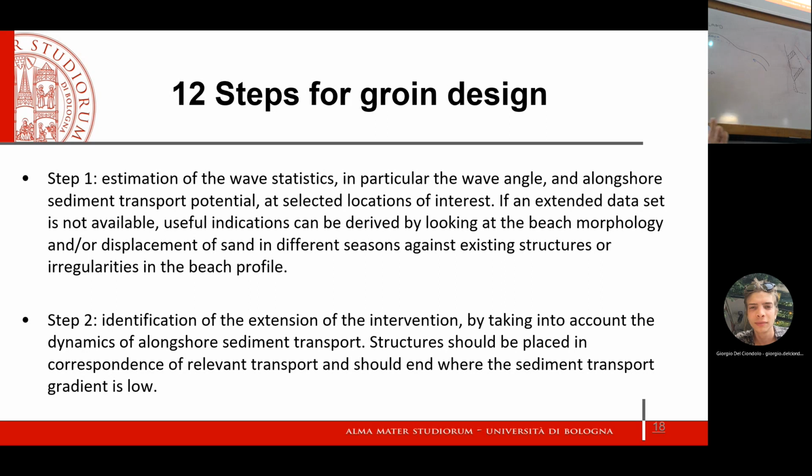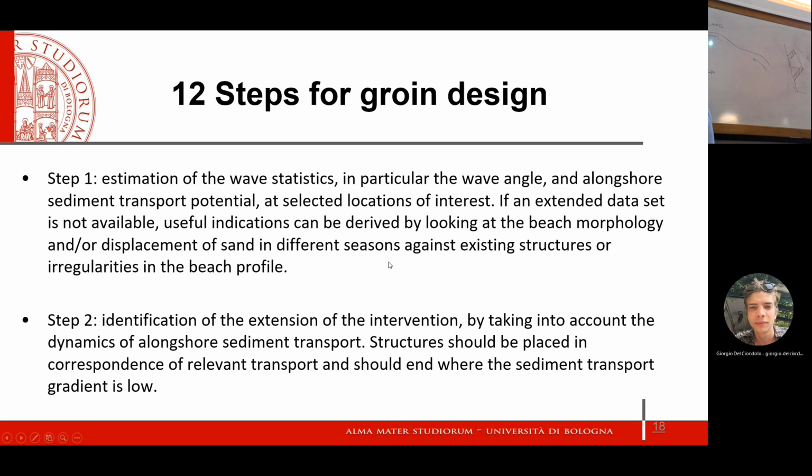So this is why at the extremes, you may decide, for instance, to progressively reduce the length of the groins. Instead of causing a sharp interruption, you start to decrease the length and you converge smoothly towards the original configuration.